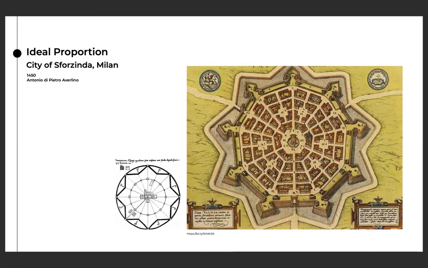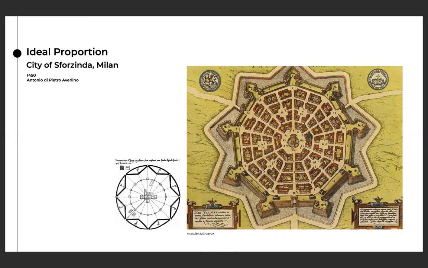But as you can see here, on the left, the black and white diagram, you see the circle, right? The circle that man fits into. Within that circle, you see, or you should see, that there's 2 squares. One square is exactly like it was in the Vitruvian Man illustration.